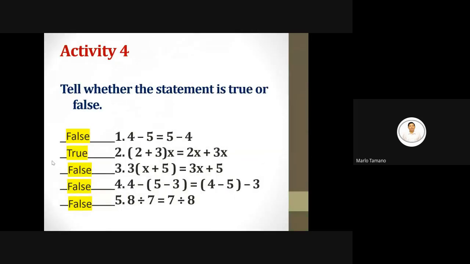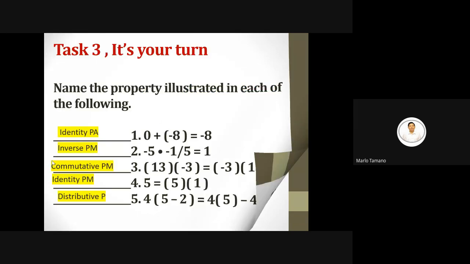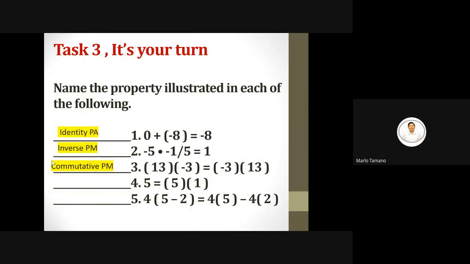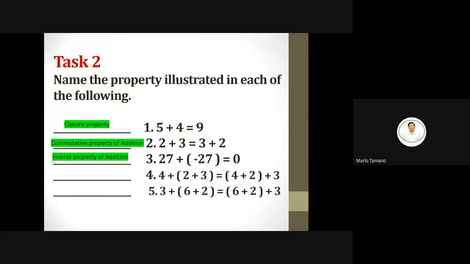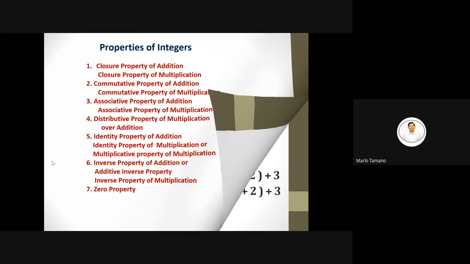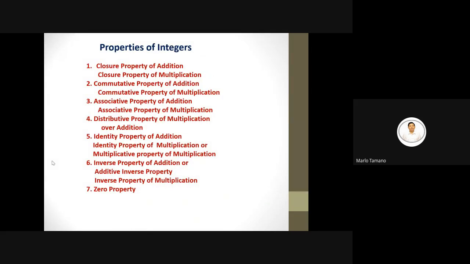As much as possible, you have to analyze each one of the properties. So we have 7 properties. Don't forget them. So we have here the 7 properties of integers.